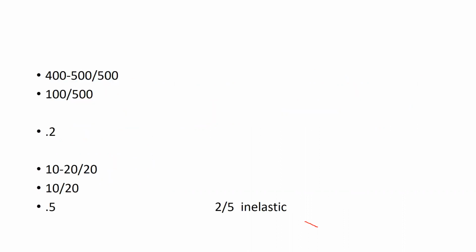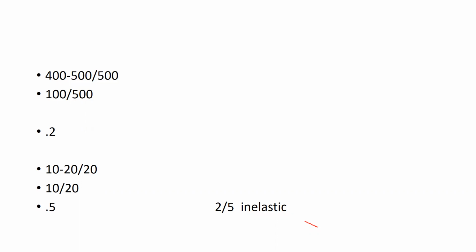Now remember, for supply, it is the percentage change in quantity supplied over the percentage change in price. Now, how do I figure out percentage change? It's new minus old over old. So the new quantity is 400 minus the old, which was 500, over 500. I get negative 100 over 500, which is 0.2.